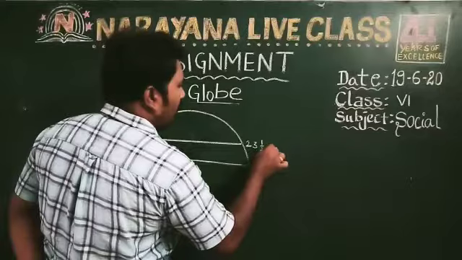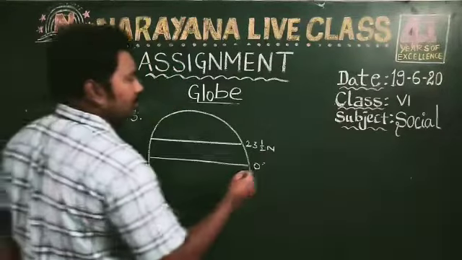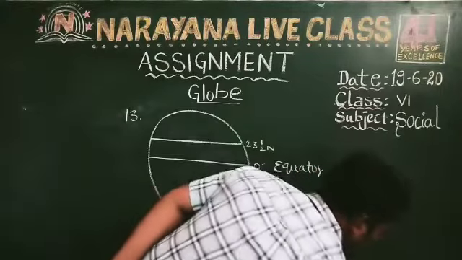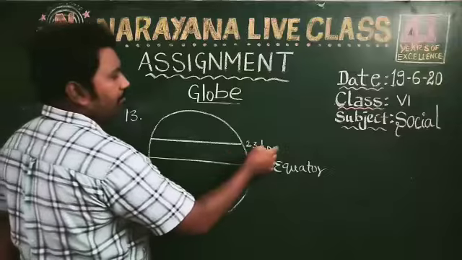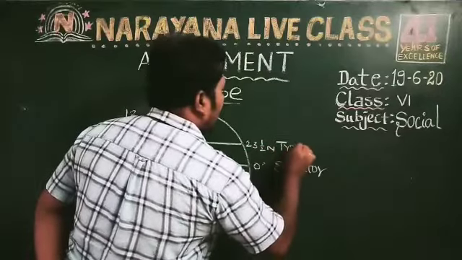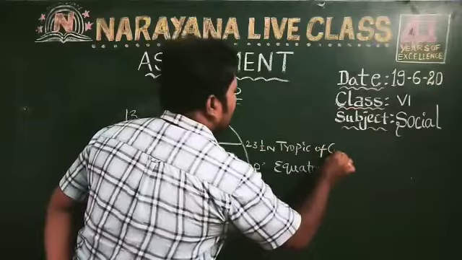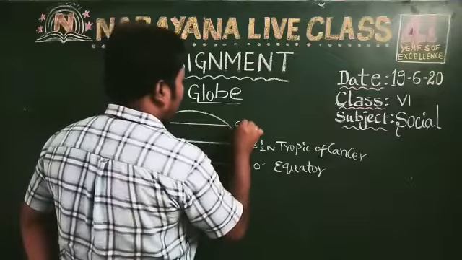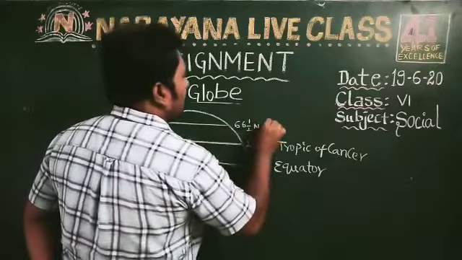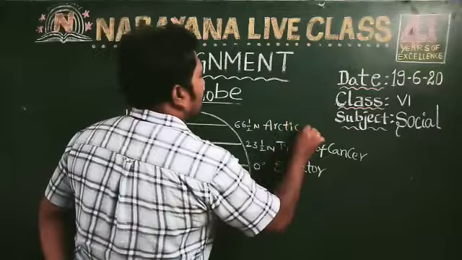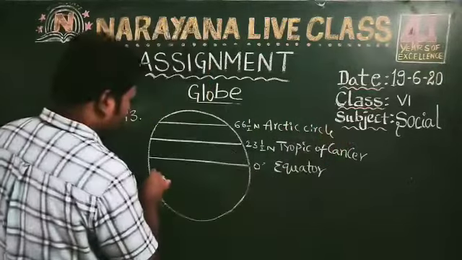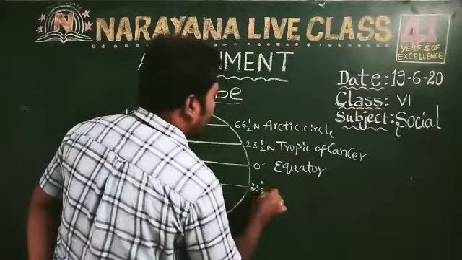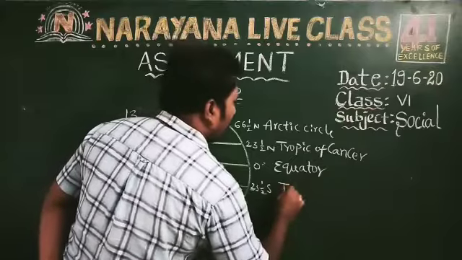This is 0 degree, the equator. Okay children. And this 23 and a half degrees north is the Tropic of Cancer. And 66 and a half degrees north, Arctic Circle. Then this one, 23 and a half degrees south, Tropic of Capricorn.